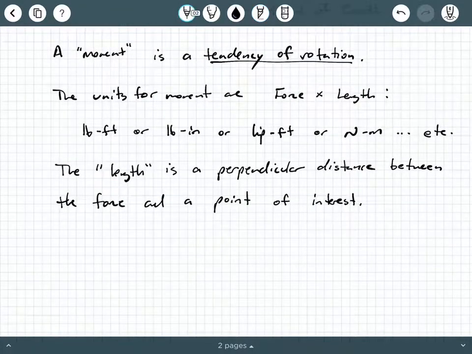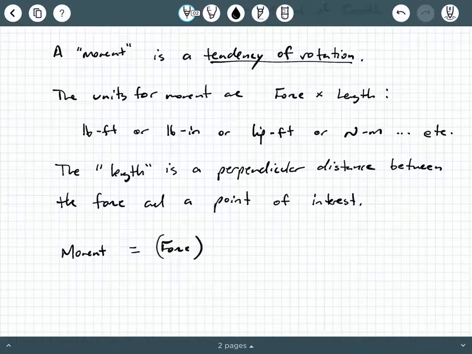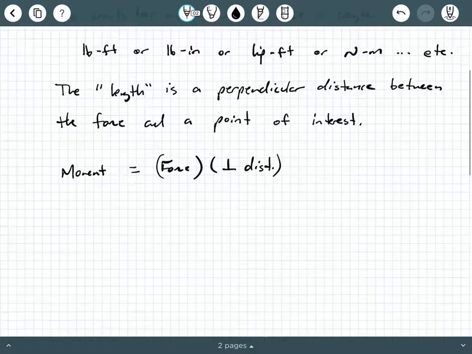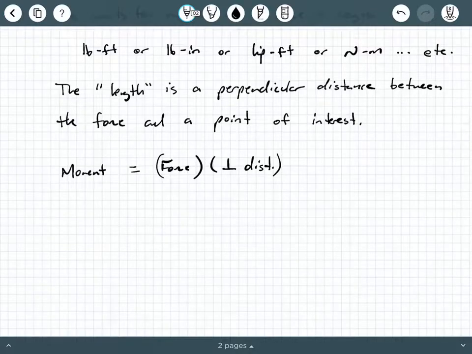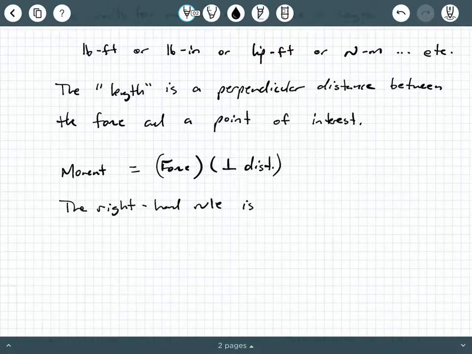So a couple more items in this video, and then we're going to move on to looking at each one of these types of moments more clearly. Again, a moment is going to be equal to a force times a perpendicular distance. That's a shorthand of saying that. Also, the right hand rule is valid.